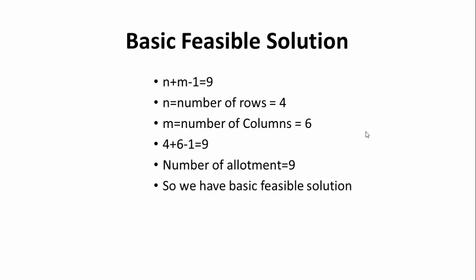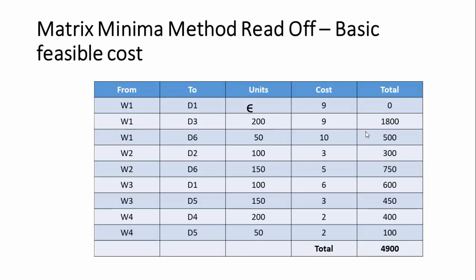So n plus m minus 1, that is 4 plus 6 minus 1, is equal to 9. The number of allotments made is also 9. So when n plus m minus 1 is equal to the number of allotments, we say that we have a basic feasible solution. So we are now getting the basic feasible solution, for which we calculate the basic feasible cost.